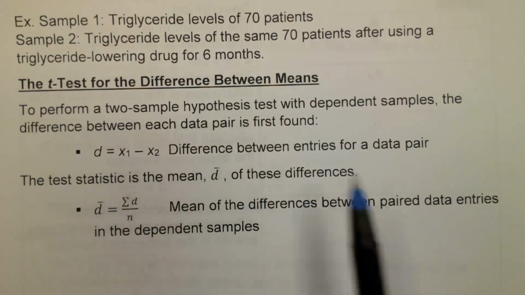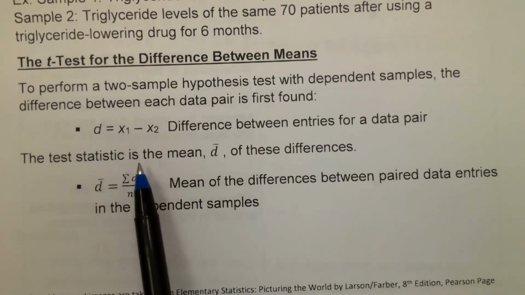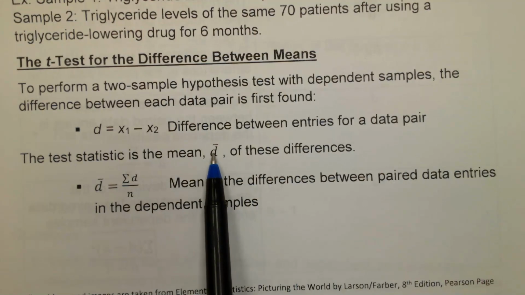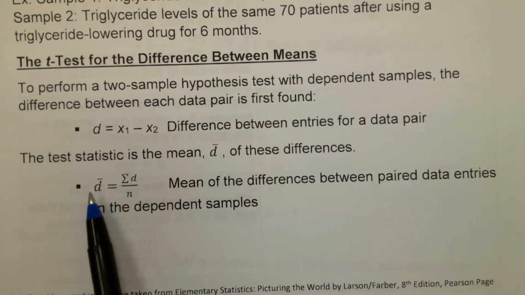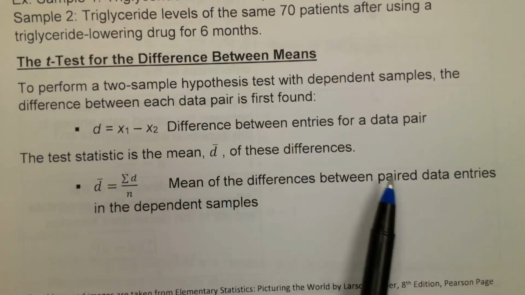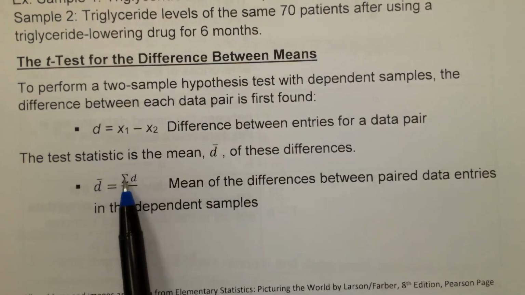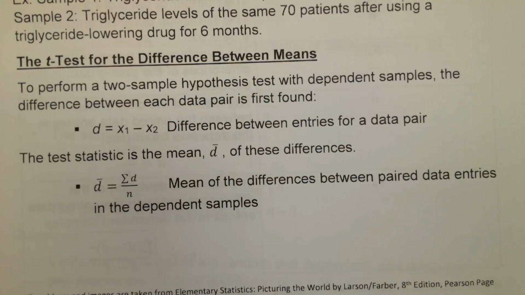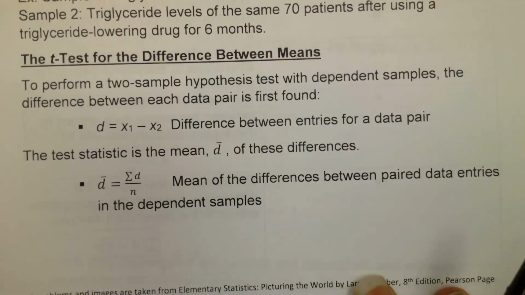So we're going to subtract the two numbers. The test statistic is the mean, which I'm going to call D bar, of these differences. So D bar is the mean of differences between paired data entries in the dependent samples. So we're going to take the sum of the differences and divide by n, which is our number of pairs.